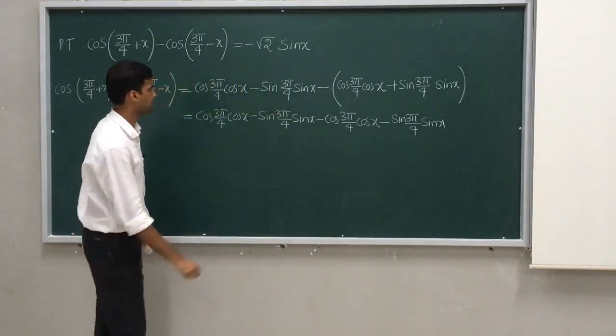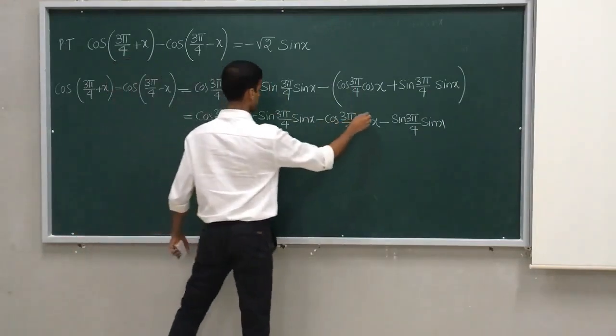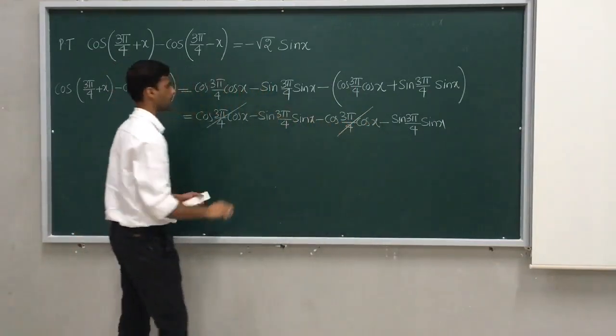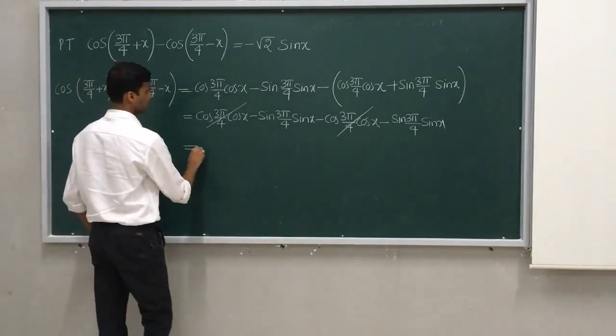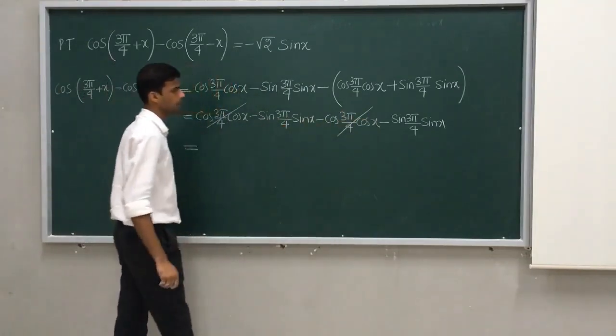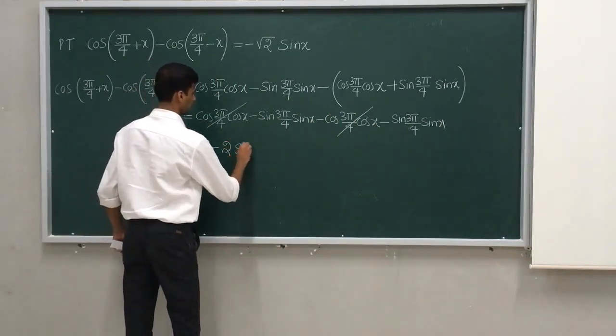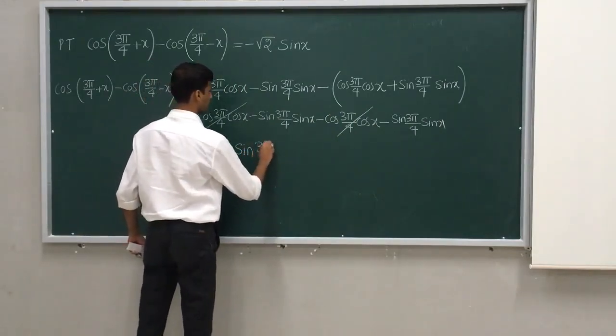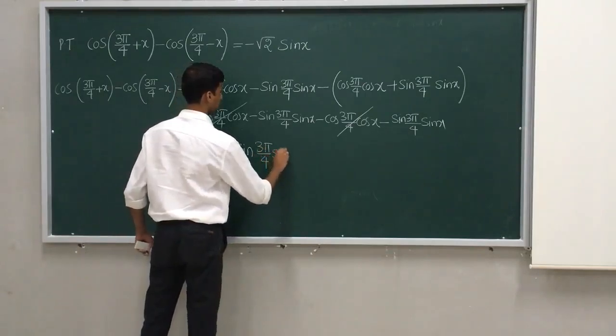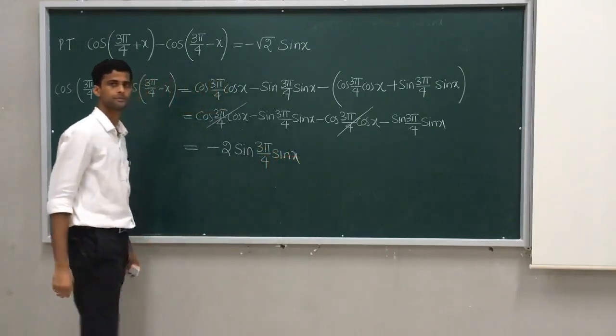If you observe, these two terms cancel because they are the same term. Now you are left with these two terms, which are the same. So it is minus 2 times sin 3π/4 into sin x.